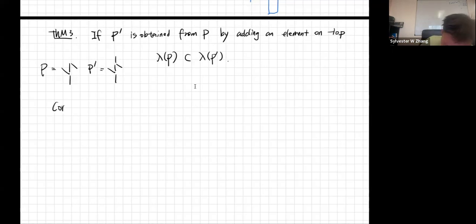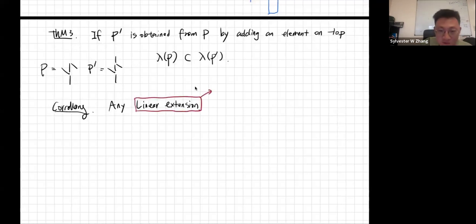So a corollary is that any linear extension of a poset corresponds to a tableau of shape lambda of P. I should define things: a linear extension of a poset is basically an order preserving numbering of the elements of a poset.